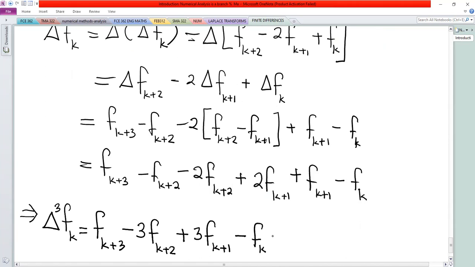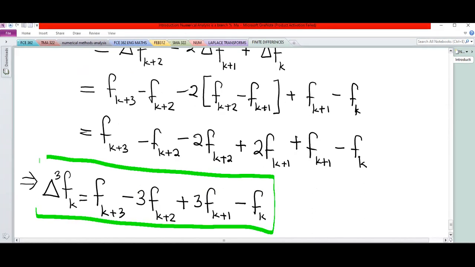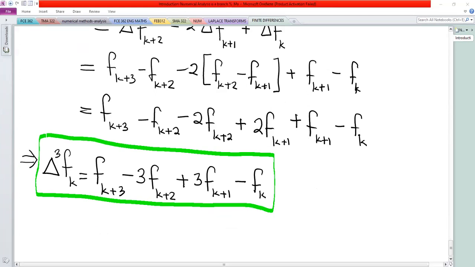So we call this one the third forward difference.